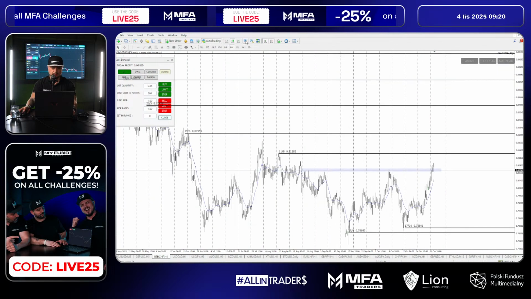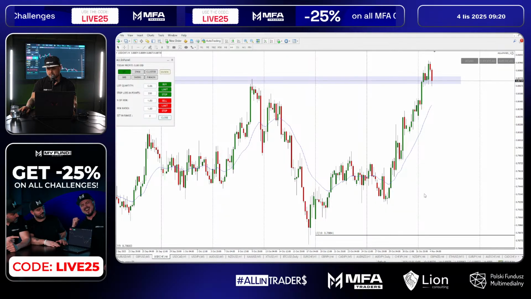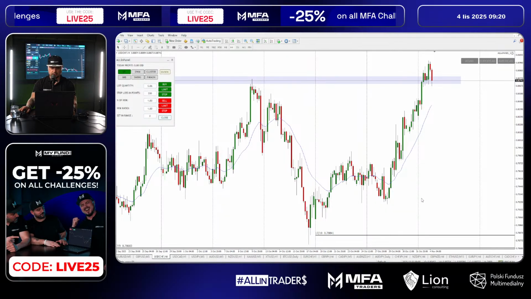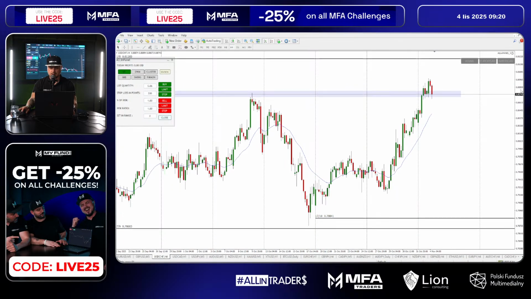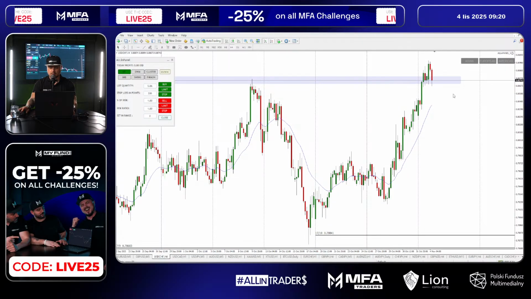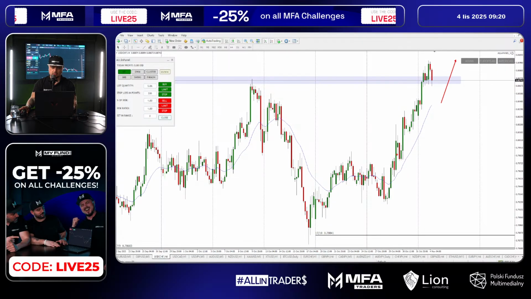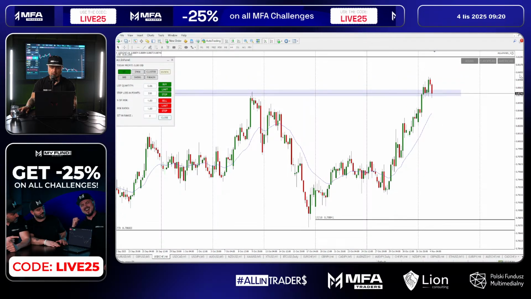All we need to do is check market structure from the 4-hour time frame, which is at this moment bullish. Okay, we got a strong impulse over here. The market structure is bullish. So the direction we want to go is the right direction.